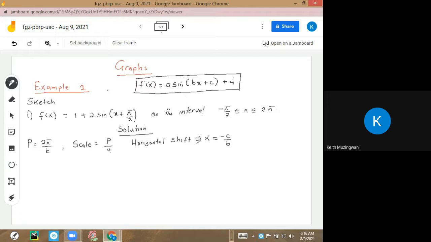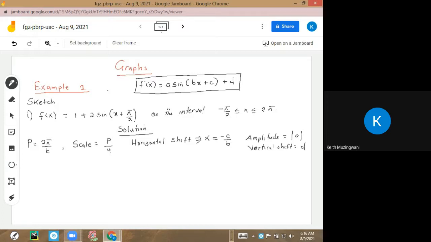But in case they also ask you to find the amplitude, they say find the amplitude of this, you say it's the modulus of A. You've seen where A is placed. Find the vertical shift. The vertical shift is D. So you get D as it is.